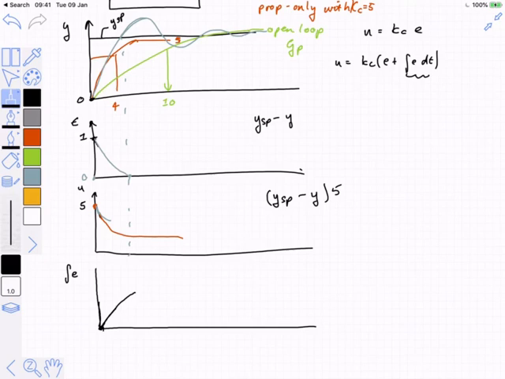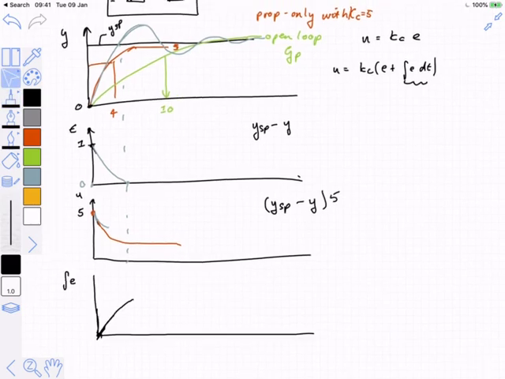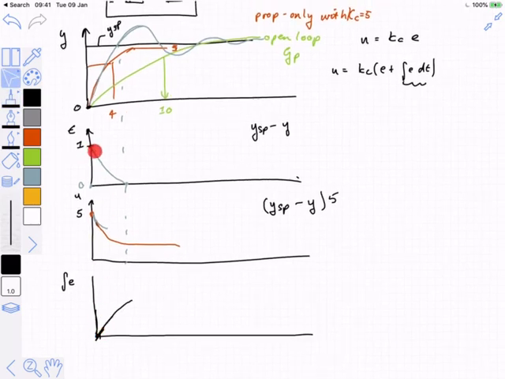It starts big at the beginning, which means the derivative is large. Remember, the derivative of that signal is equal to this value, right? And so actually we even know that the initial slope is equal to 1, because that's the magnitude of the error there. And then it starts going down.